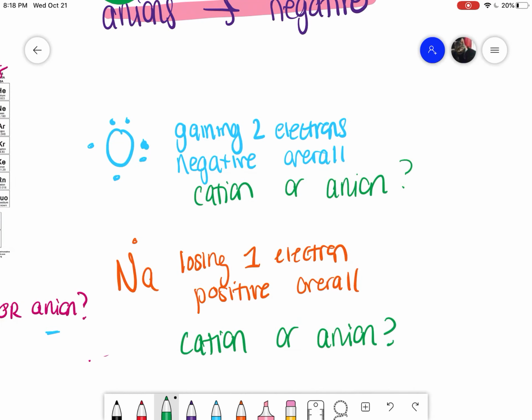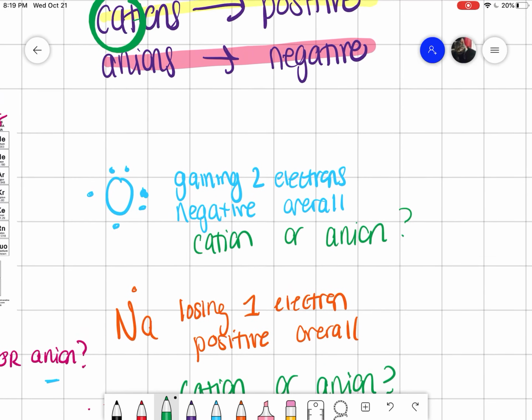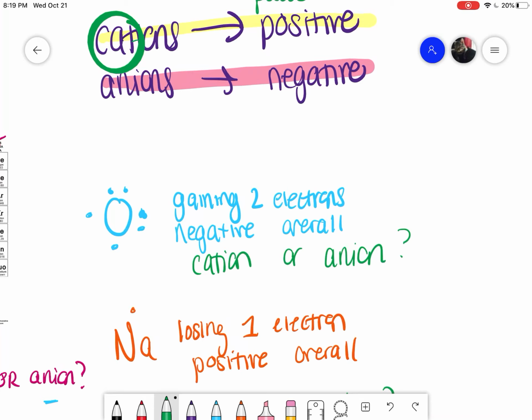we said the oxygen has 6 valence electrons, so it's gaining 2 valence electrons to get to 8. It's negative overall. So we need to decide whether it's a cation or an anion. Because it's negative overall, if we go up here to our two types of ions, we can see that if an atom has an overall negative charge, that is an anion.